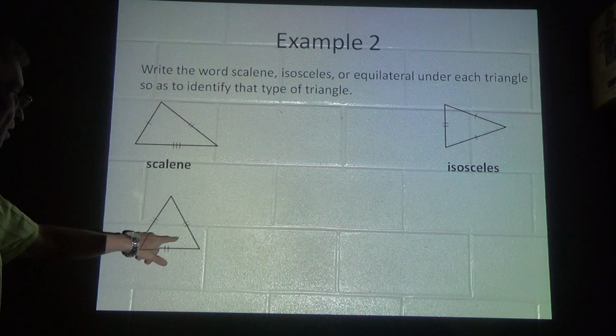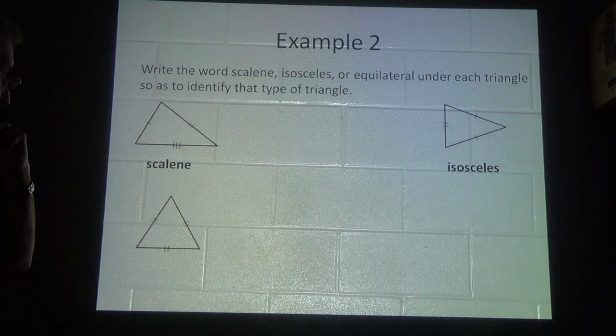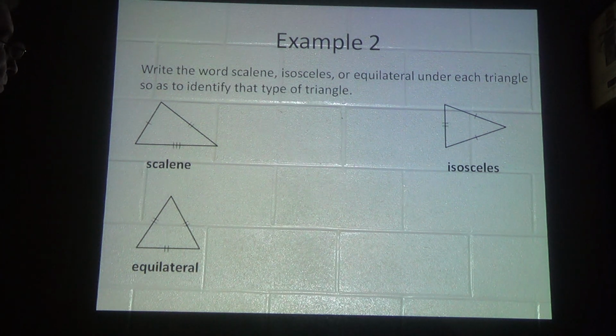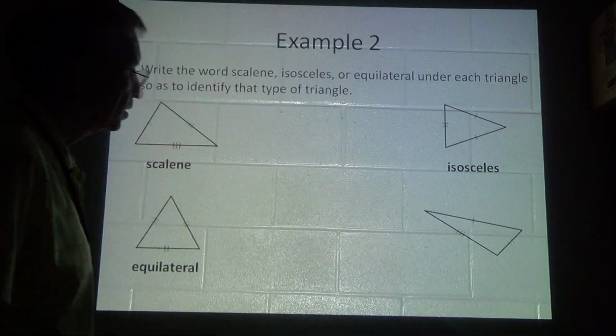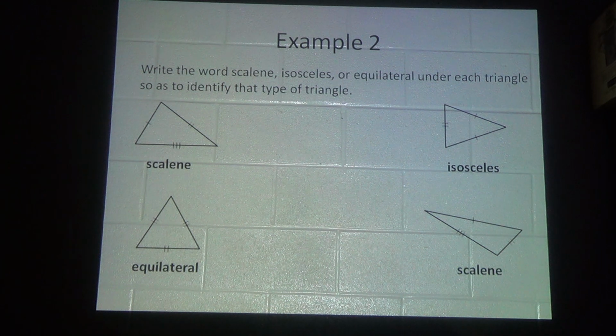This one over here, all 3 sides are marked with a double tick mark, so that means this is an equilateral triangle. And the last one here has all 3 sides with different markings, so this is a scalene triangle.